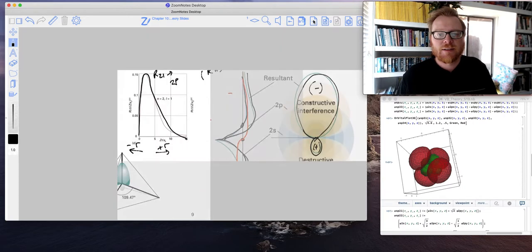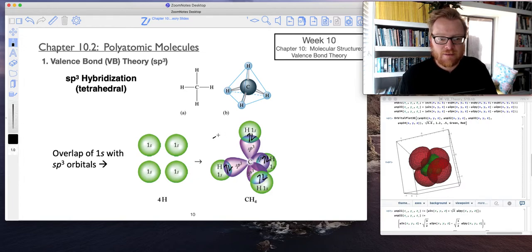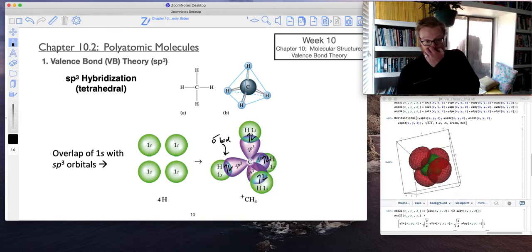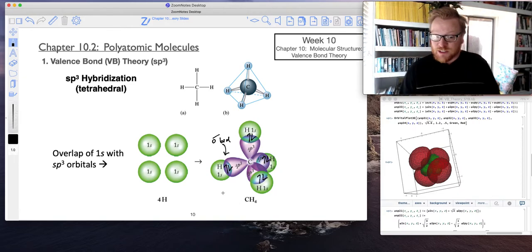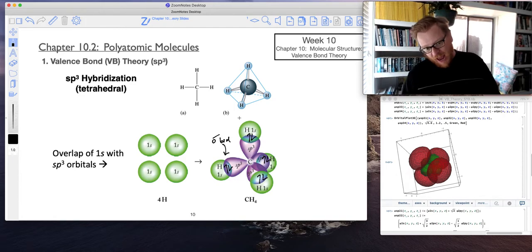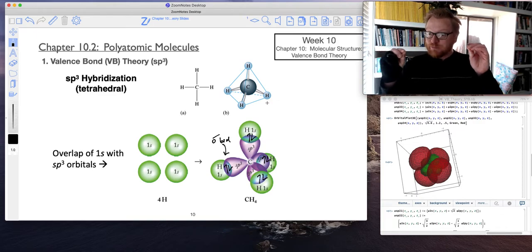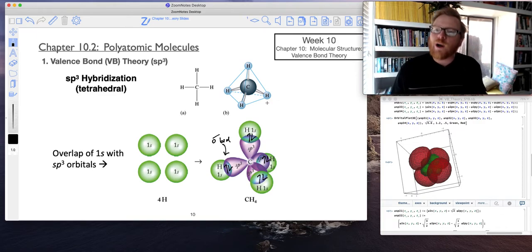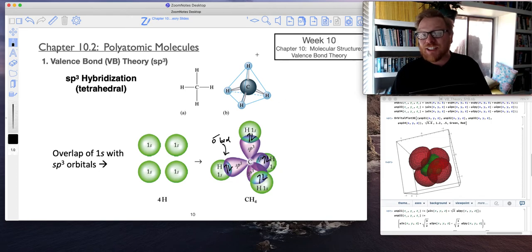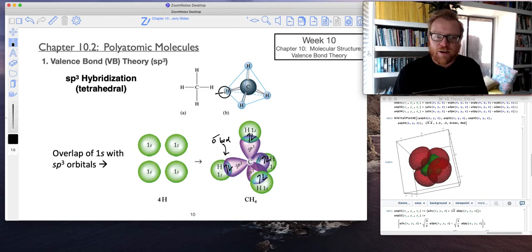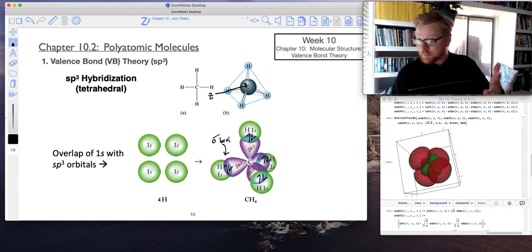So to make a bond, and specifically to make a sigma bond, we have that spherically symmetrical overlap. And now, because this is not just a simple diatomic molecule, we get a coordinate system for each sp3 orbital where there's a hydrogen positioned. So for this chemical bond, the one that I'll highlight here, that represents a z-axis coordinate system for that particular one.